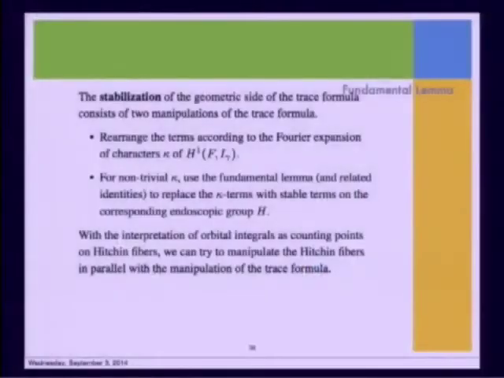And what you find then, this is done in a paper by Ngô, is that there's a parallel thing that you can do geometrically with the Hitchin fibration, where you do stabilization. So stabilization, I don't mean it in the sense of stable bundles, but now we're talking about stabilization of the trace formula. You can do a parallel thing on that side.